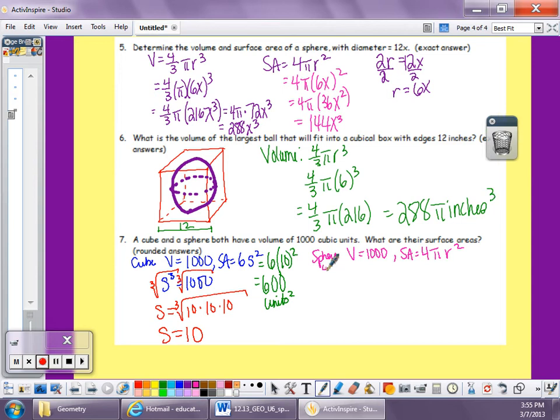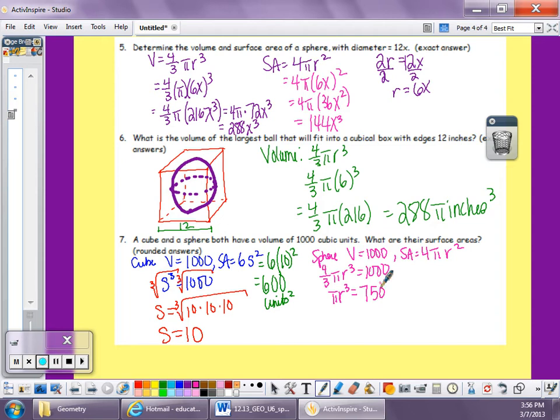So I'm going to plug in my formula for volume, and I'm going to get rid of the 4/3. I'm going to multiply by 3 and divide by 4, so I'm really doing the reciprocal.